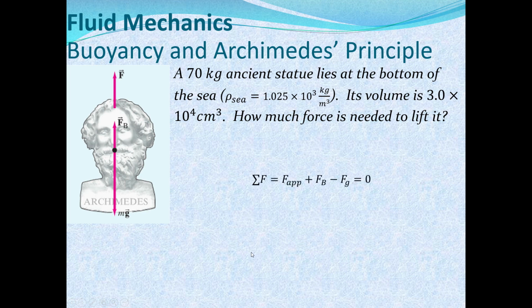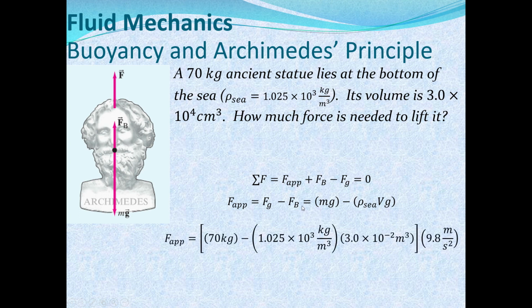So my applied force plus the buoyancy force minus weight equals 0. Moving everything to one side, plugging in mg for the weight of the object, and plugging in rho Vg for the buoyant force, and plugging my numbers in, I get that the force I need to apply is 390 newtons.